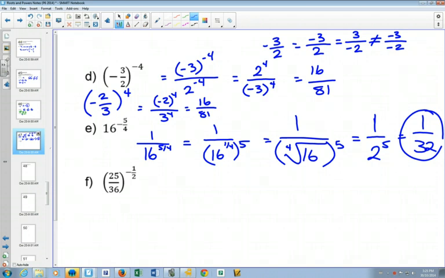I want you to try this one on your own. I'm going to come check. I'm going to do it in one of two ways. One way to do this is put the negative half to both.